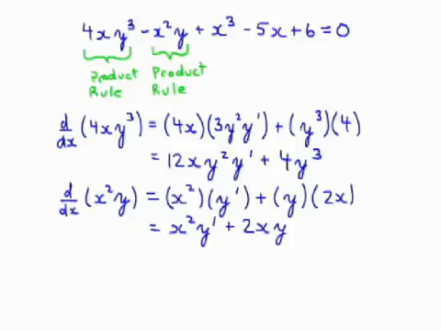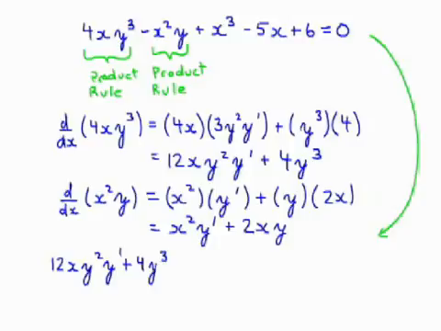What I've done then is return to my original relation, and I'm taking the derivative of it with respect to x. I end up with 12xy squared y prime plus 4y cubed. That was my derivative of 4xy cubed with respect to x.